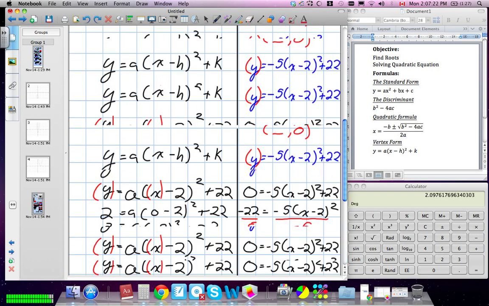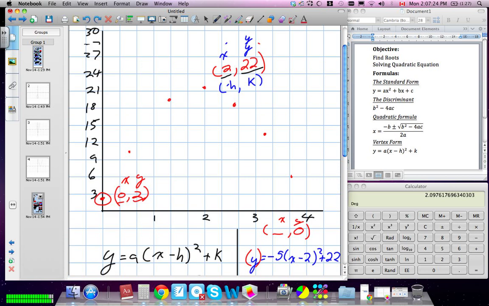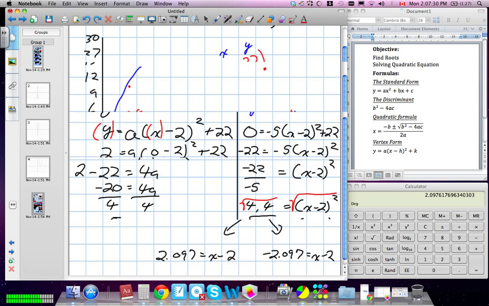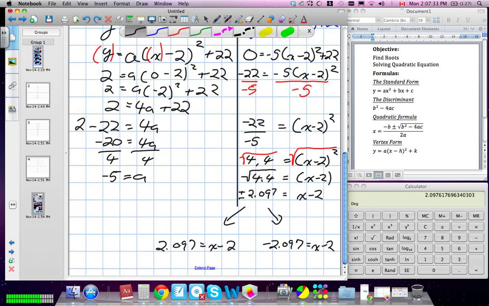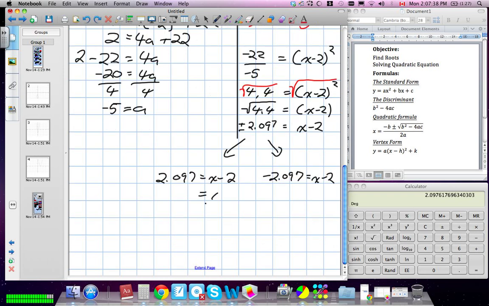When I move the 2 over, it becomes positive. So we're going to get 4.097. And at the other one, we're going to have negative 0.097 is equal to x. So my two x-intercepts are 4.097, let's round it.